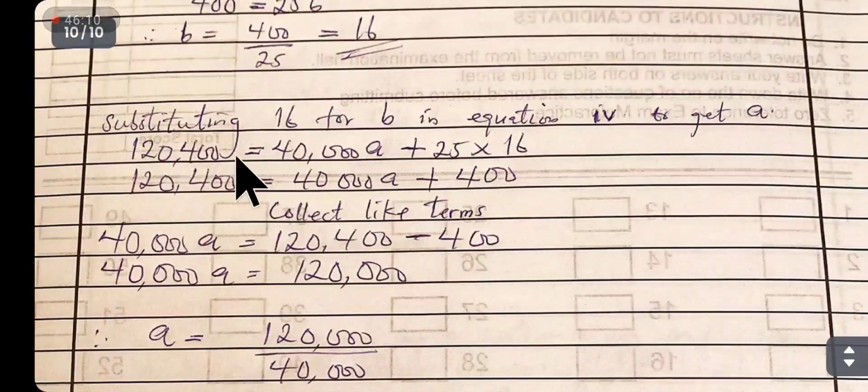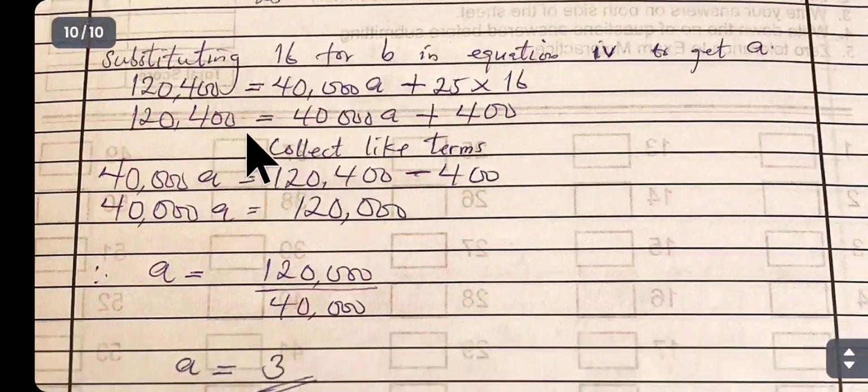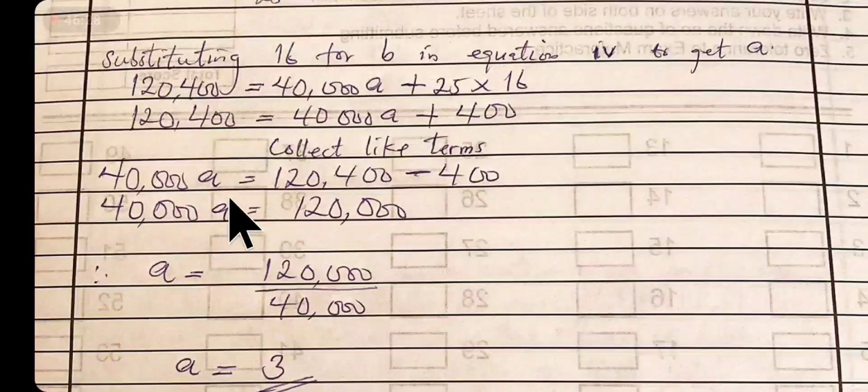Then from here, 120,400 will be equal to 40,000A plus 25 times 16, which is 400. By the time you collect like terms, 40,000A will be equal to 120,400 minus 400.